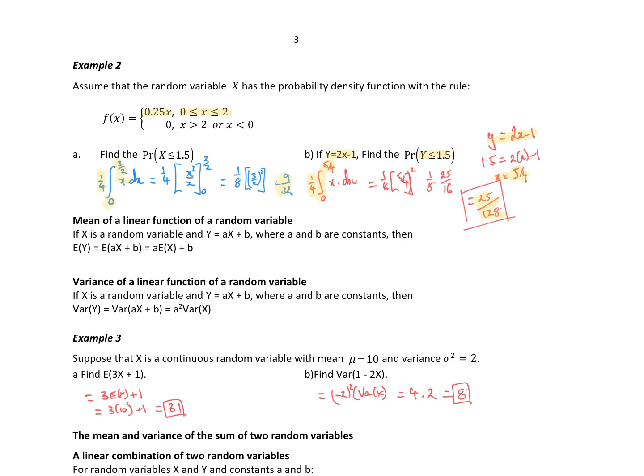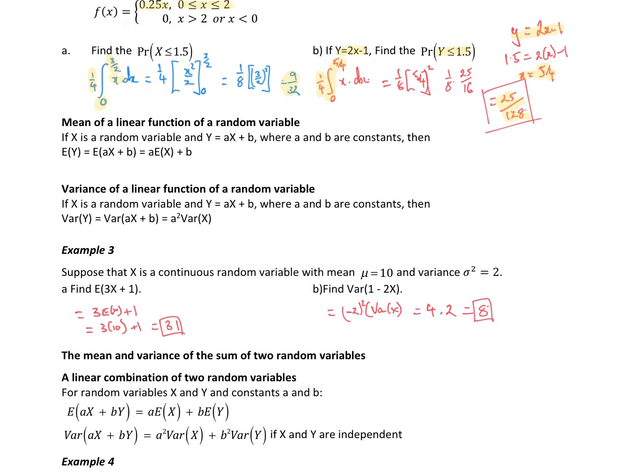It's just a case of keeping track of which variable we're referencing. For linear and continuous distributions, if we're manipulating the distribution by some linear function, my probabilities don't change.